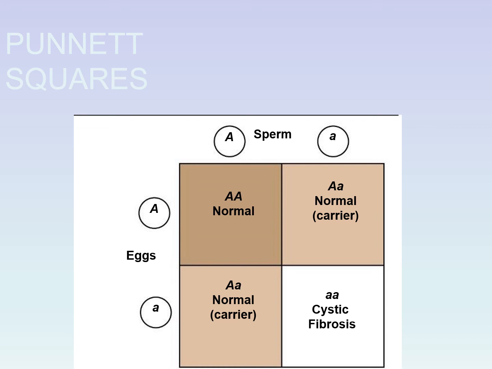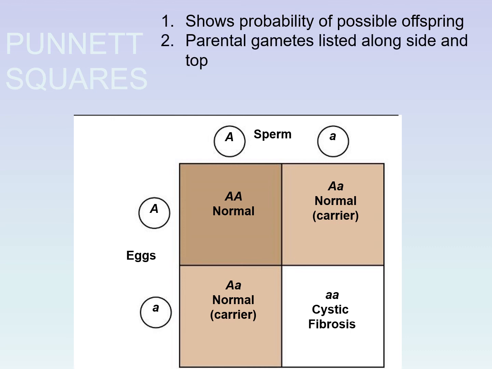We know that Punnett squares usually have a lot of letters in them, right? And they kind of look like this picture down here on the bottom. A little complicated. Can you see the words sperm and egg along the left side and the top side of the square? These are the gametes produced by each parent, along the side, along the top. The Punnett square takes these gametes and combines them, just as in fertilization. Sperm plus egg equals zygote.